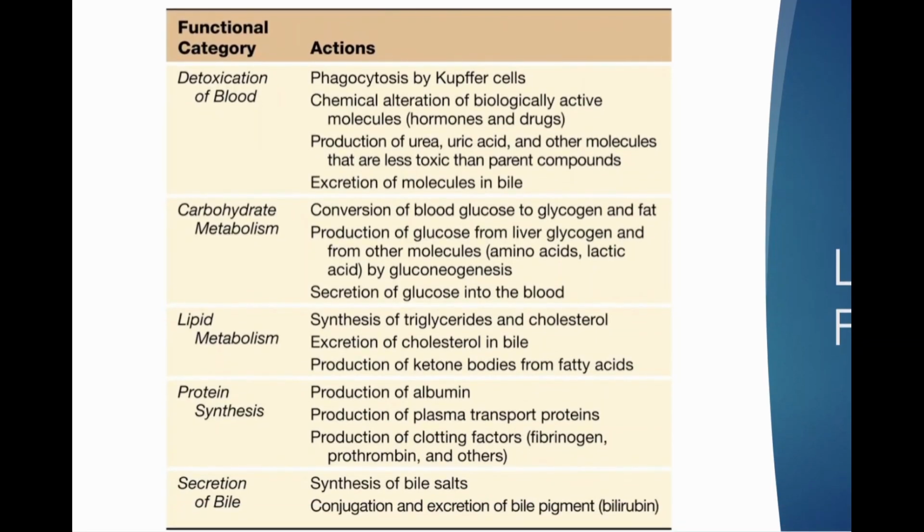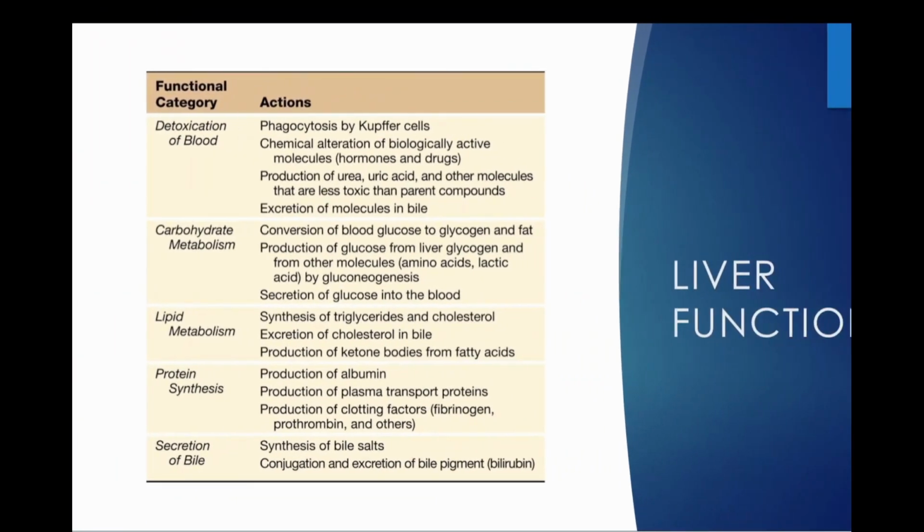So what does the liver do? Detoxification of blood. As long as your liver is working, your body will detoxify itself. There's nothing else you need to do for it. It does it automatically, you don't think about it. Carbohydrate metabolism, blood glucose to glycogen and fat, production of glucose from liver glycogen or other molecules, called gluconeogenesis.